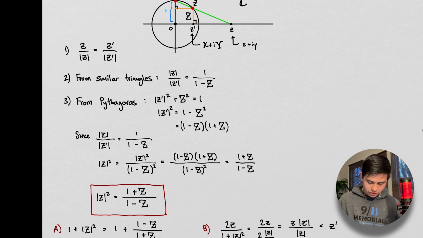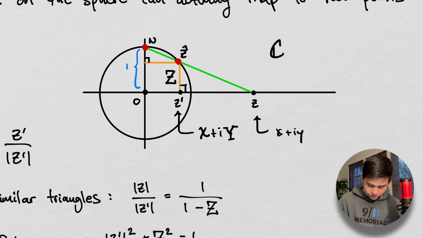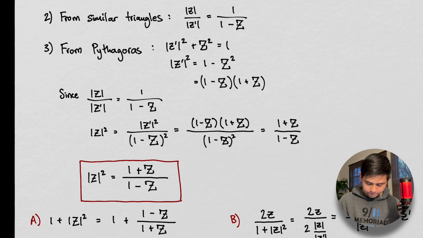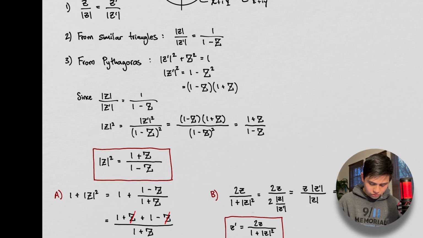And what we also want to show is that from Pythagoras, z prime plus z, right, the distance from z prime to z, is equal to 1 squared because this is the radius, which is 1. And so when we say this, we could rearrange a few things and we get this. Since we said this, we can plug a few things in, and when we plug them in, we get to this point right here.